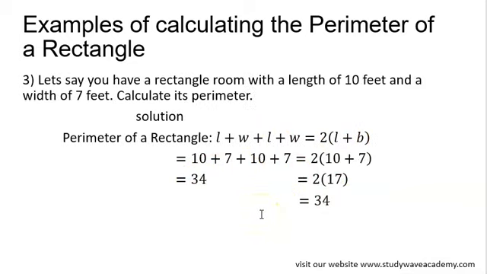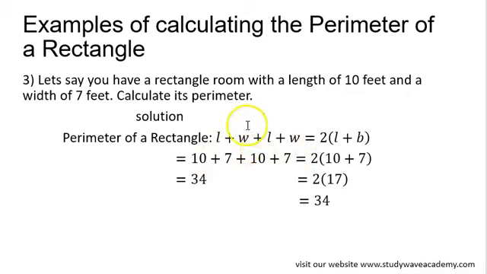Okay, here we also have, let's say you have a triangle room with a length of 10 feet and a width of 7 feet. Calculate its perimeter. It's still the same thing as we did in our previous video. You first of all write out the formula, then implement your numbers.